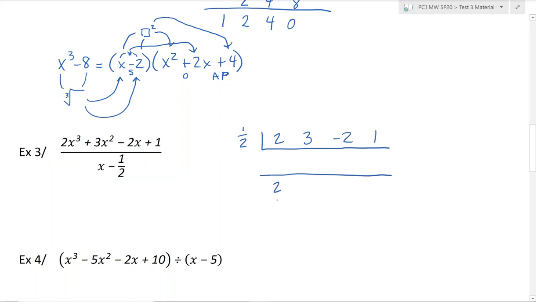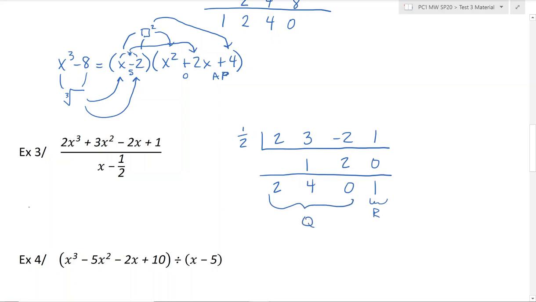Carry down the 2 so you have something to start with. 2 times 1/2 is 1, 3 and 1 is 4. Half of 4 is 2, and that's 0. 0 times 1/2 is 0, 1 and 0 is 1. So we do have a remainder here, and there's our quotient.